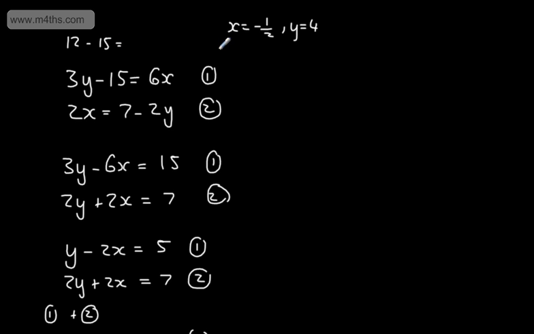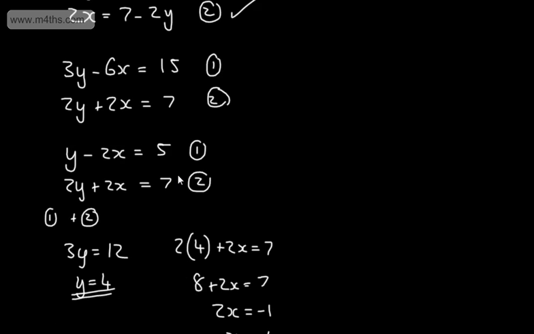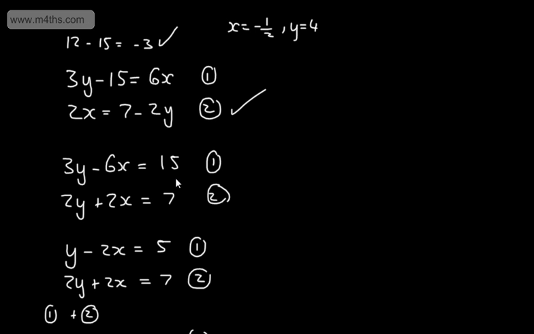Does that equal negative 3? Yes, it does. Does it work in this one? Negative 1, if we substitute this in, is equal to 7 minus 8. Yes, it works for that one. So just be careful. As you can see, I didn't write them down correctly and made mistakes. So that's one way we could have dealt with that one.